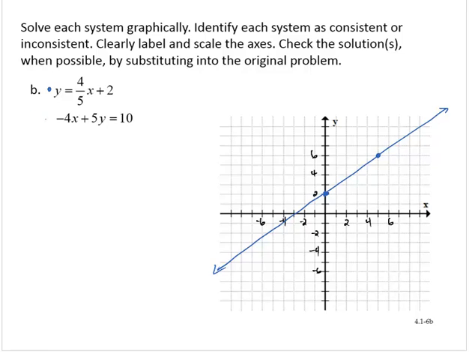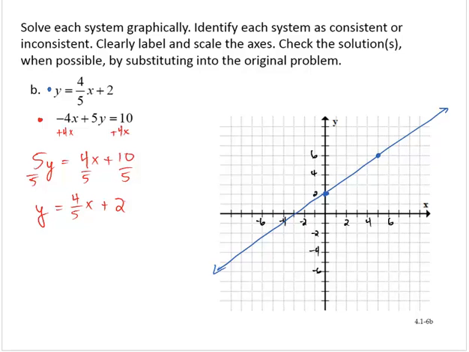Alright, now I'll work in red for the second equation. Negative 4x plus 5y equals 10. I'm going to go ahead and put it in slope-intercept form. So let me add 4x to both sides. That would give me 5y is equal to 4x plus 10. And then I'll divide through each term by 5. And so y would equal 4/5 x plus 2.